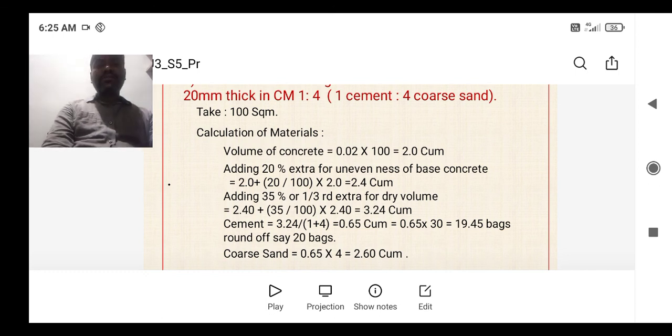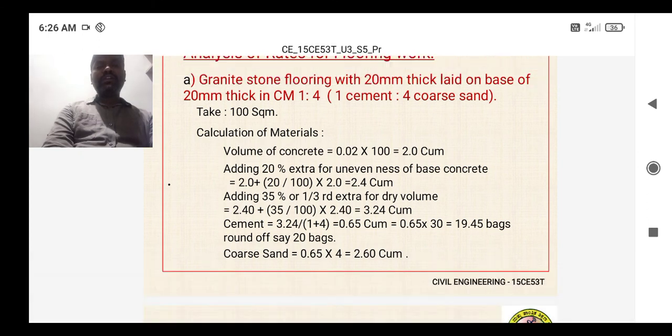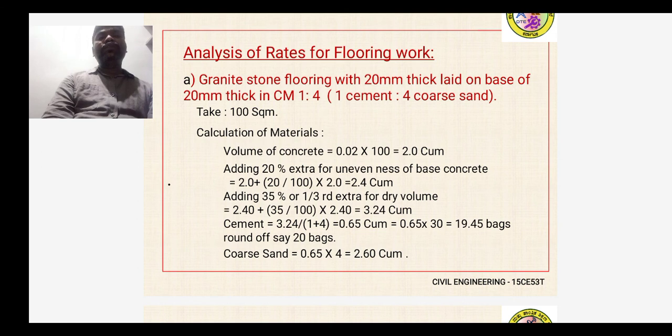Adding 35%, or one third, of dry volume to the 2.4 cubic meters: 2.4 plus 35 by 100 into 2.4 is equal to 3.24 cubic meters.